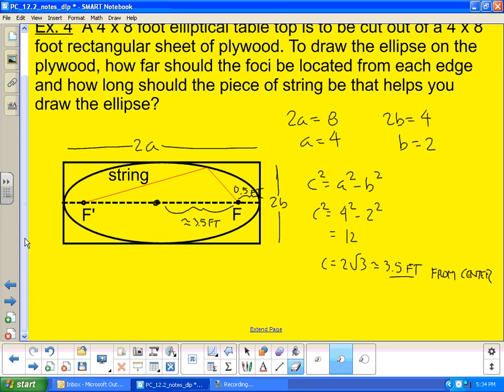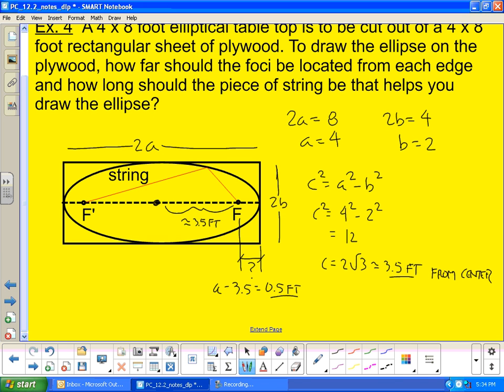Here, let's do this. This distance here is what we're looking for, and it's going to be found by the A value minus our C value. So we're about a half foot from the edge on either side.